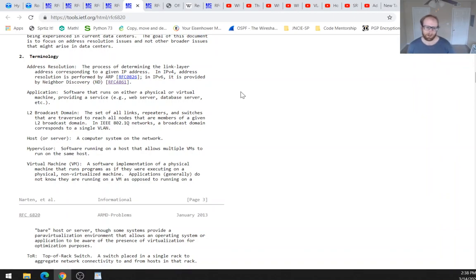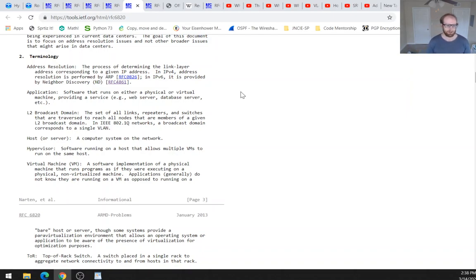In IEEE 802.1q networks, a broadcast domain corresponds to a single VLAN. Host or server: a computer system on the network. Hypervisor: software running on a host that allows multiple VMs to run on the same host. Virtual machine, VM: a software implementation of a physical machine that runs programs as if they were executing on a physical non-virtualized machine.